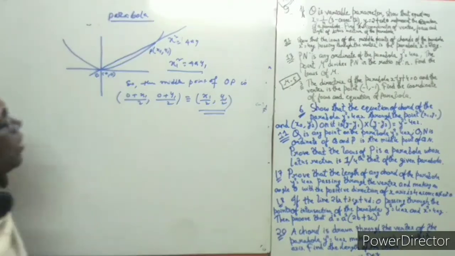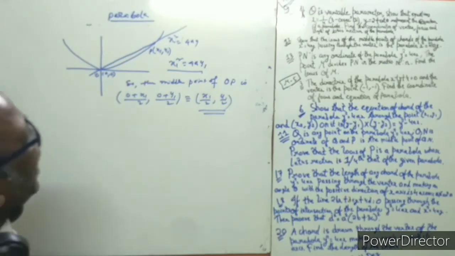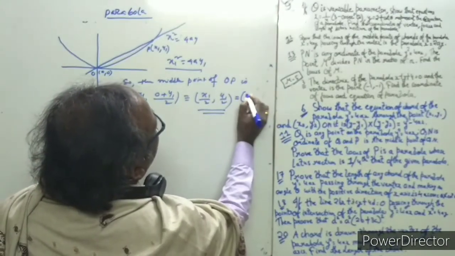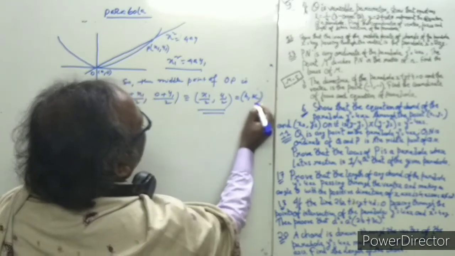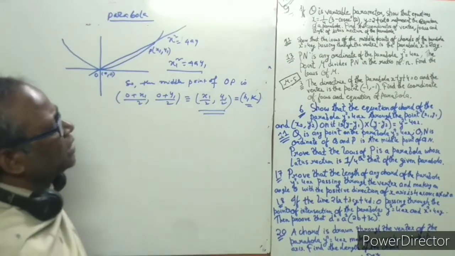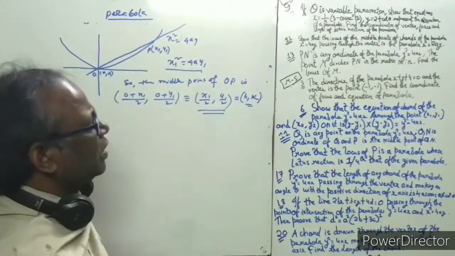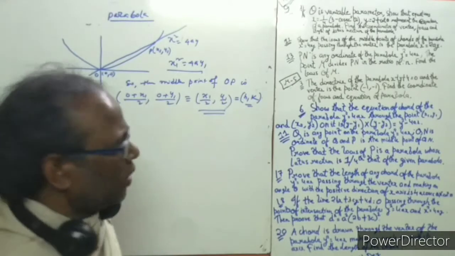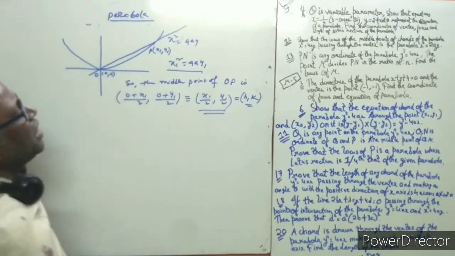This is a very important question: find the locus of that point. Let us assume this point is h comma k, whose locus we want to find, and afterwards in place of h, k we replace by x, y, then we get the equation.